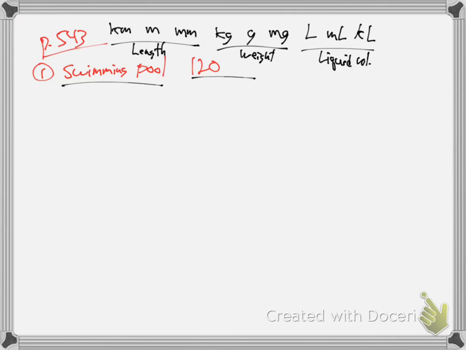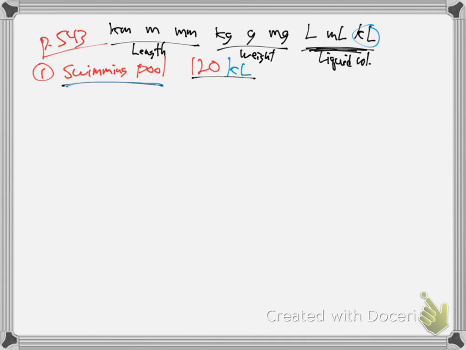Remember, liters are liquid volume, weight is grams, and length is the meter things. So first off, it's going to be one of these 3, isn't it? Which one do you think it is? Is it liters, milliliters, or kiloliters? Swimming pool's big. Which one of those is big? The kilo is the big one. 120 kiloliters.